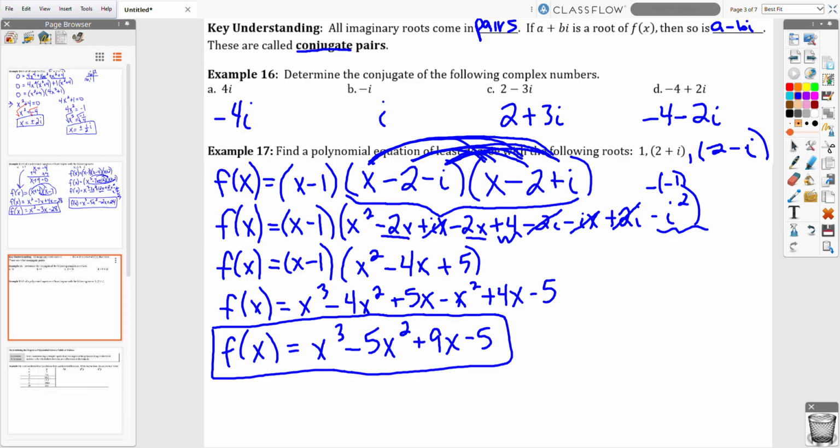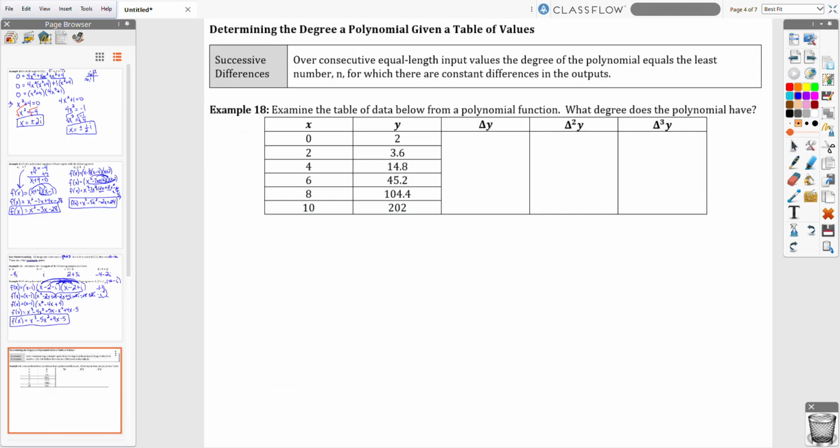All right, example number 18 expands on something that we've already talked about. So we already said that if we have consecutive equal length input value intervals, if we're increasing by the same amount in the x's here, then we can just find the differences in the y's in order to determine if we have a linear or a quadratic function represented in the table.